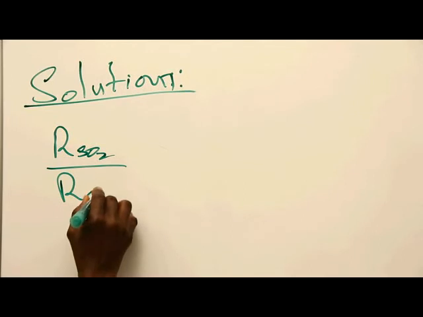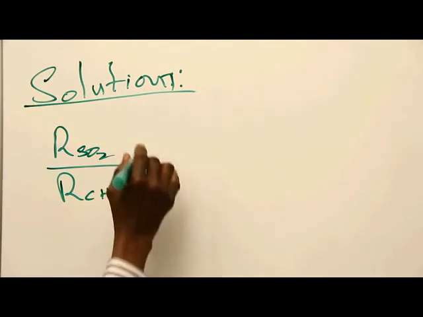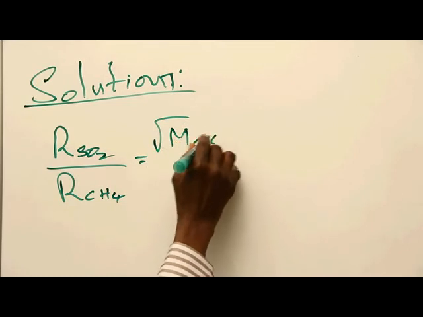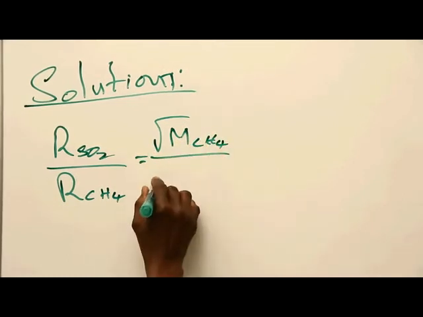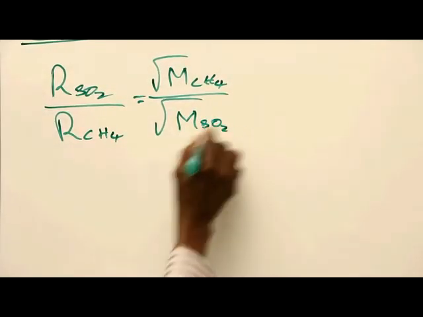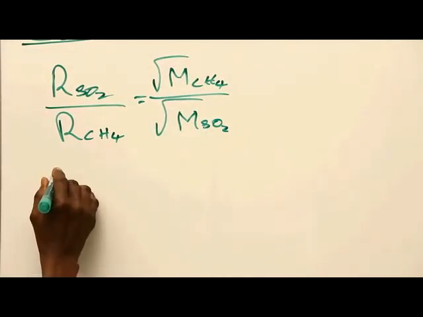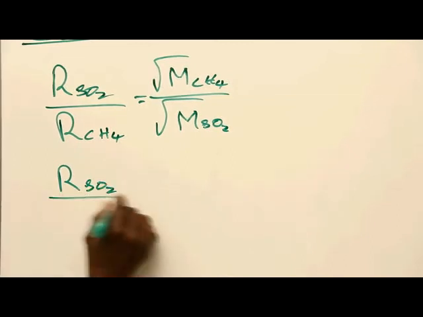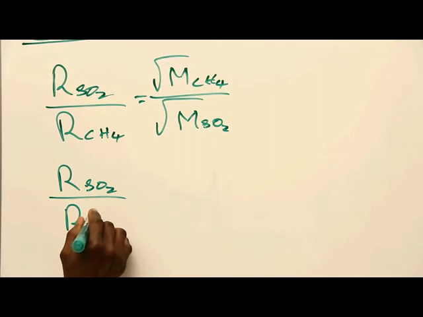We are making use of the formula: rate of diffusion of sulfur 4 oxide divided by rate of diffusion of methane is equal to the square root of molecular mass of methane divided by the square root of molecular mass of sulfur 4 oxide.